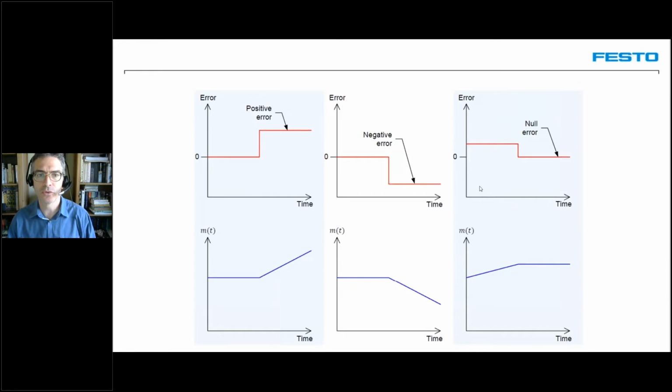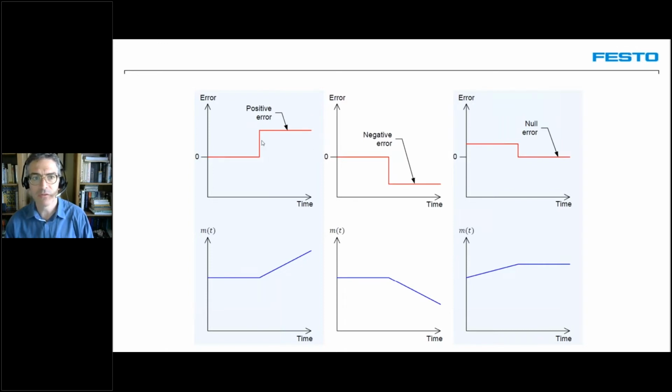So for those of you who are mathematically savvy, you will know that the integral is basically the sum, finding the area under a curve. Okay, so if we have an error like this here, integrating the error means calculating the area under this portion of the curve here.